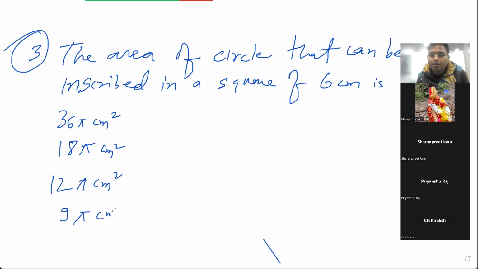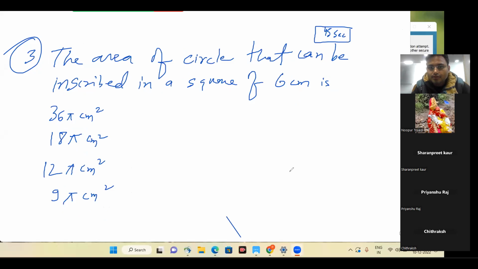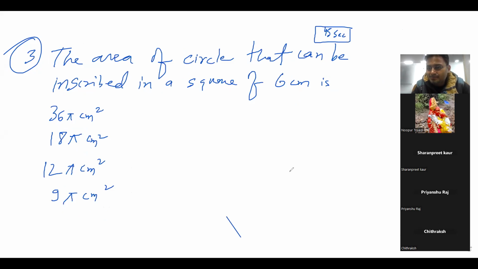Those who are good in mensuration or solve these types of questions, let me see your answer in 45 seconds. And those who want to take their time, take your time. Who is not understanding the question? Let me know. Sir, 9 pi centimeter square.